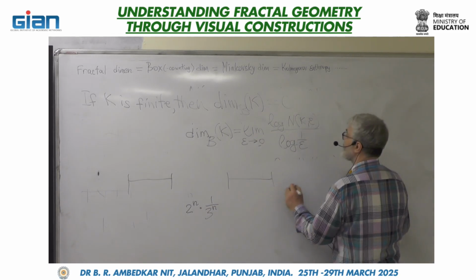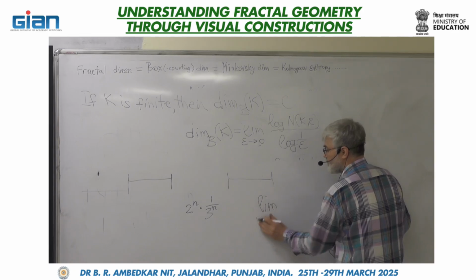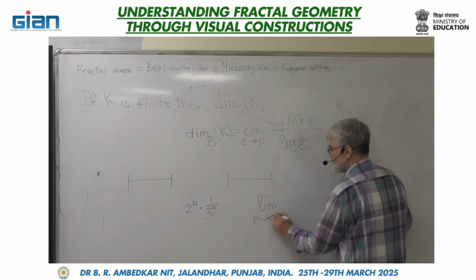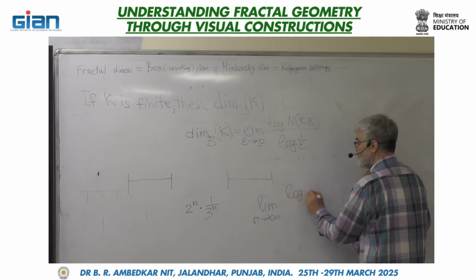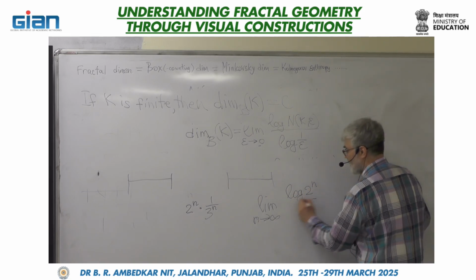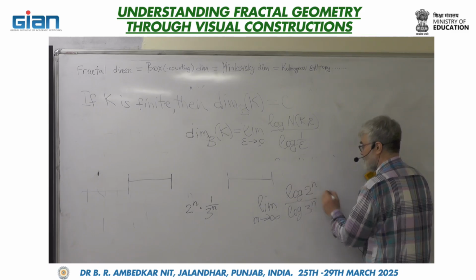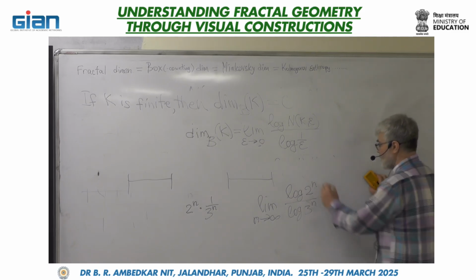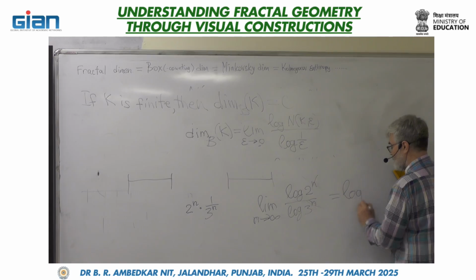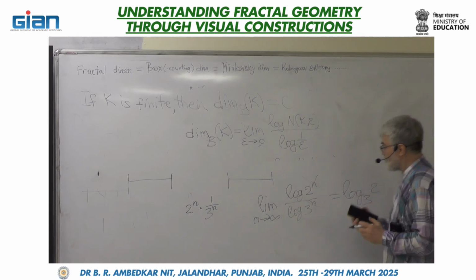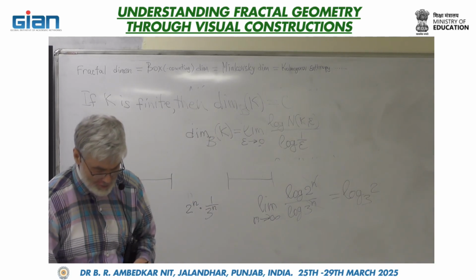So we have a limit when n tends to infinity: the logarithm of 2 to the power of n divided by the logarithm of 3 to the power of n can be cancelled, and we have the logarithm of 2 with respect to 3. So for the Cantor set, everything is okay.